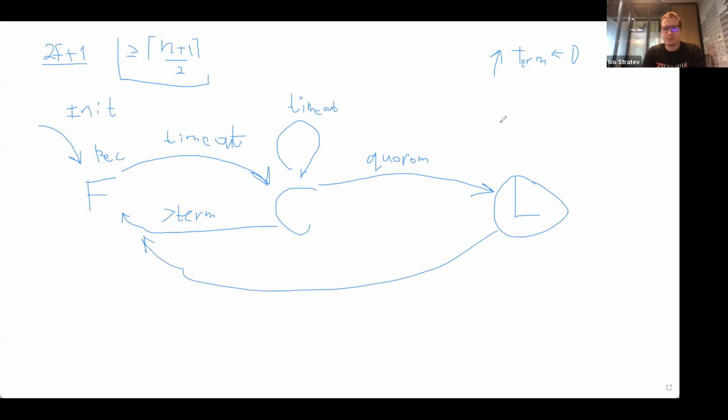So as I said, the key idea is term, and we have also another key idea, which is the use of the log. And this log stores the messages or the state transitions that need to be applied in order to come up with the desired state that the system thought it needs to be.